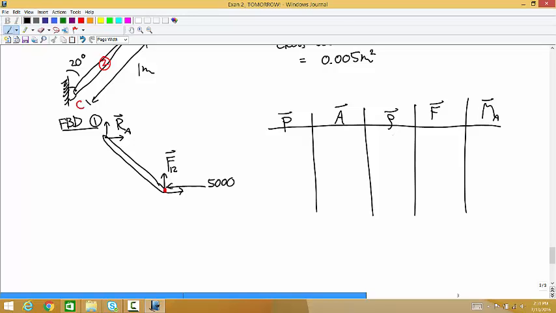The rho vector always goes from the about point to the force that you're interested in. So this force F12 has no rho vector. The force vector is F12x, F12y. And take the cross product and you get no moment.